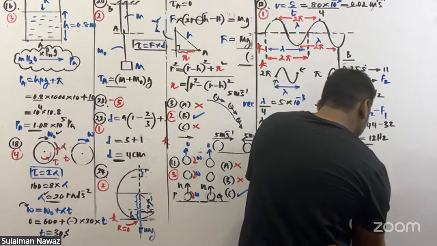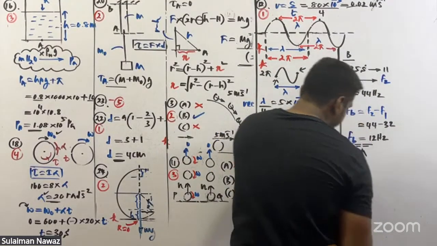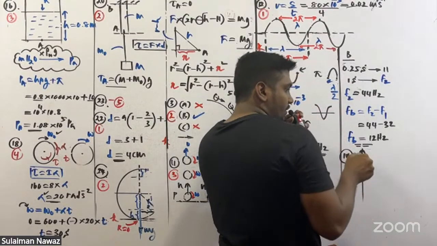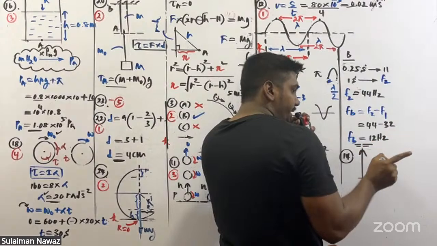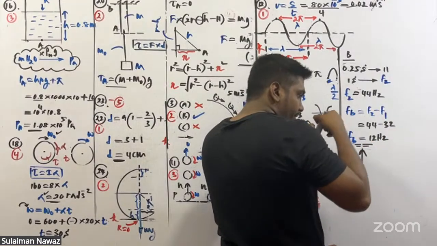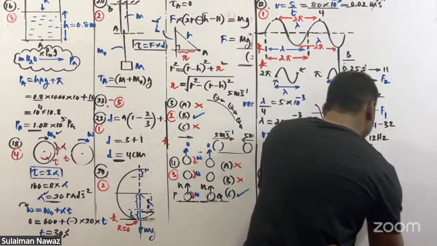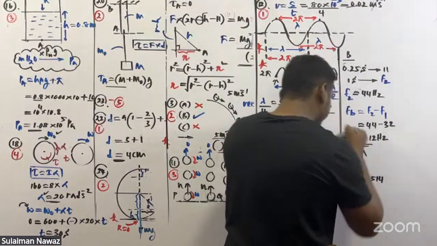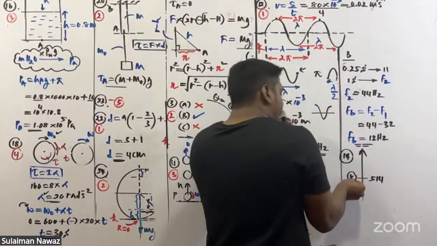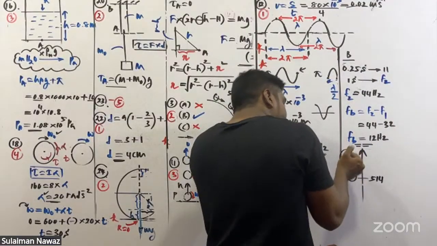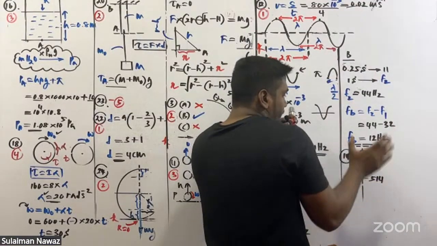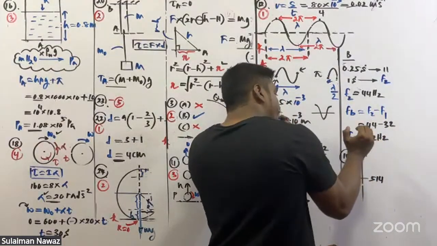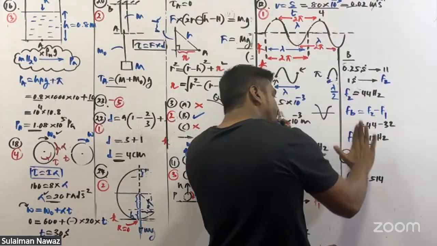If I mark the vibrator, in the beginning they told that the vibrator frequency is 514 hertz. Now we are vibrating the vibrator with the tuning fork. The tuning fork and vibrator both are vibrating. The vibrator vibrates at 514 hertz.